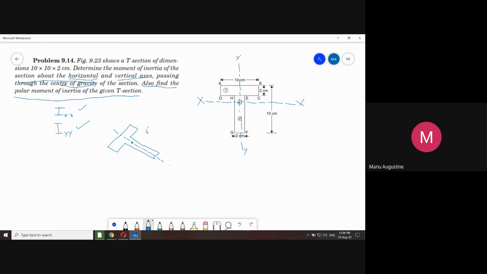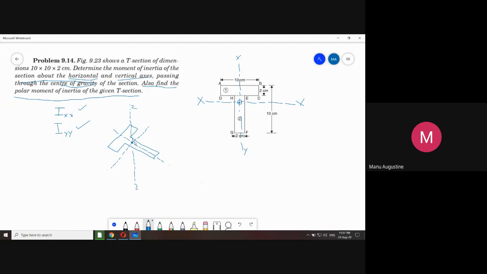This is your x-axis. Both of them are lying on the T section itself, and then you will have to bring a perpendicular axis like this, passing through the intersection of these two and perpendicular to the area itself, and we will call it ZZ.